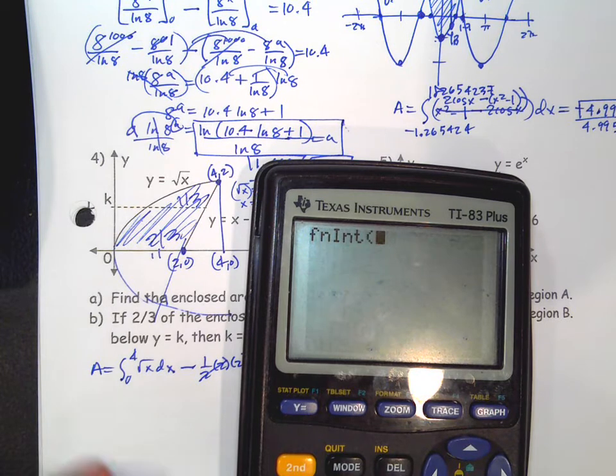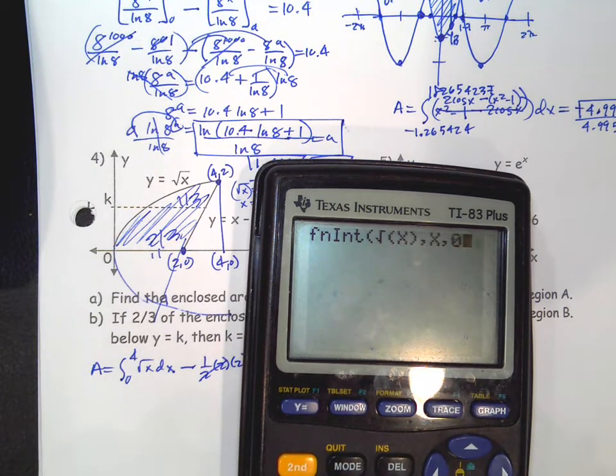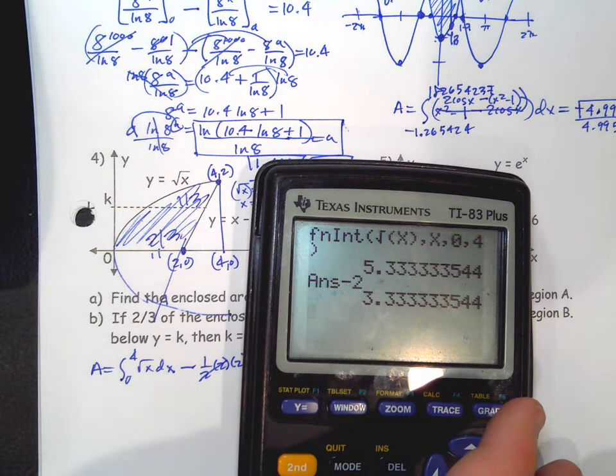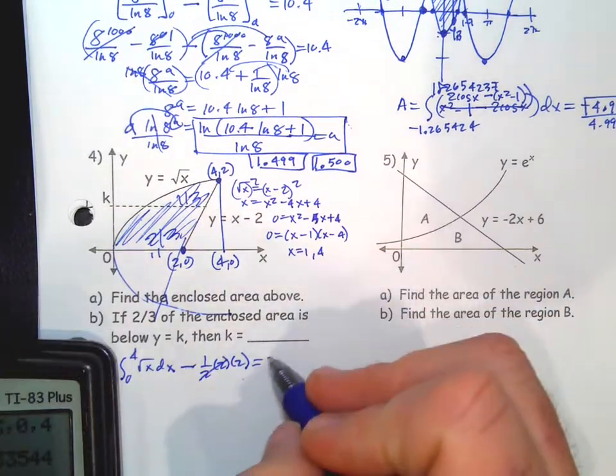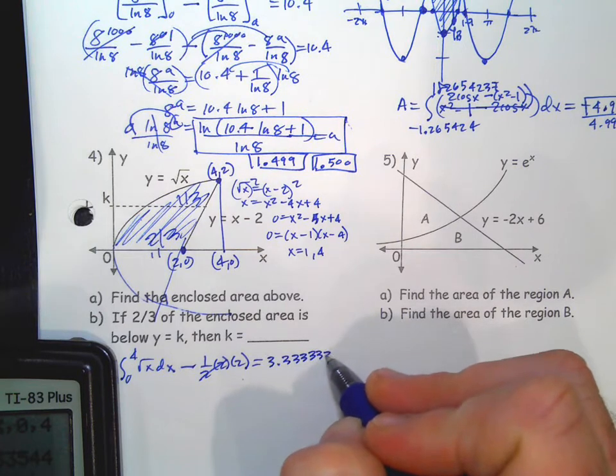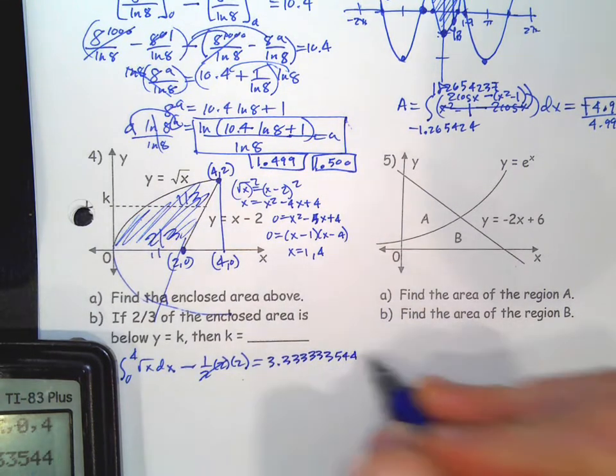Math 9, square root x, comma 0, comma 4, minus 2. So we get, let's see, 3.333333544. So you could do that.